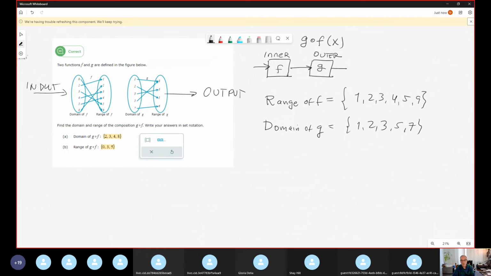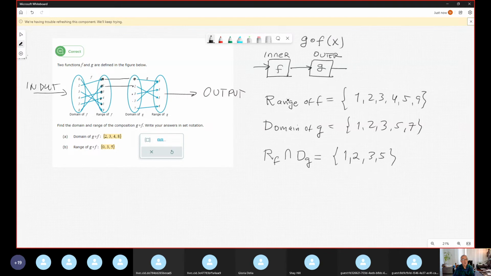And the intersection of the range of f and the domain of g, the common elements between these, is obviously 1, 2, 3, and 5. And 4 no, and 9 no. 9 no, and 7 no. Do not participate.